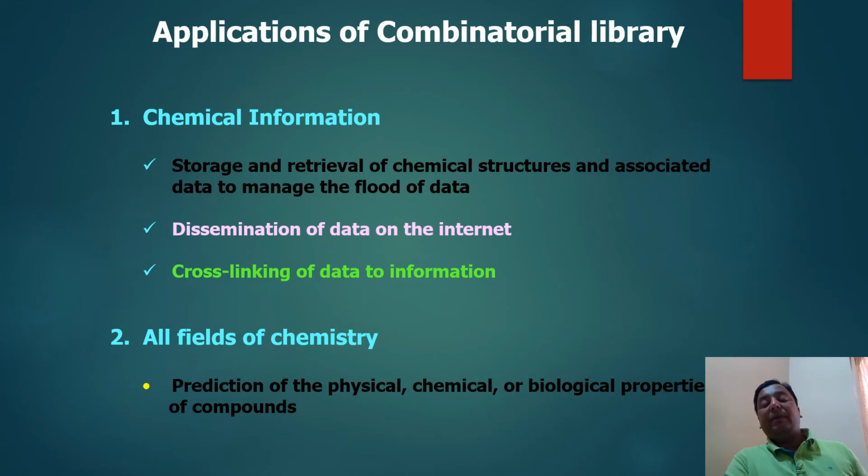And all fields of chemistry, where we are talking about the physical, chemical and biological properties of a compound, and we can even predict those properties of any chemical compound by giving as input either the nomenclature name, SMILES notation, or maybe the international chemical identifier, where we are predicting the molecular weight.